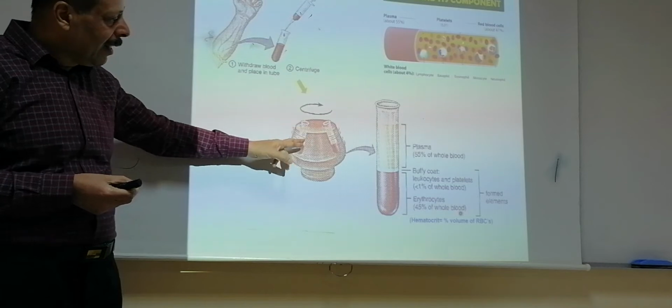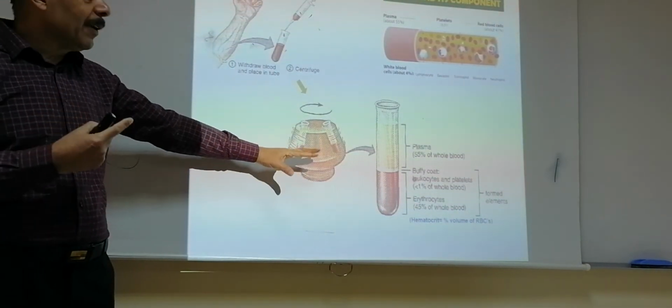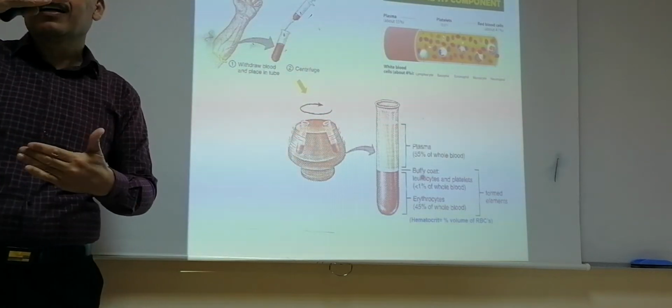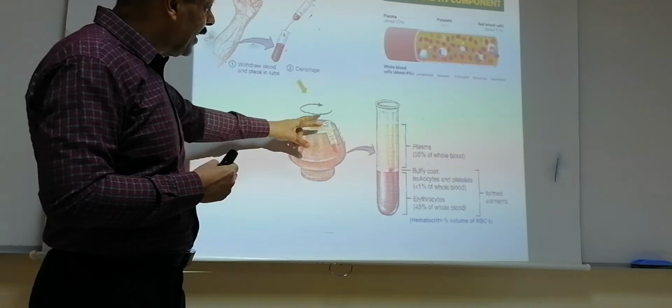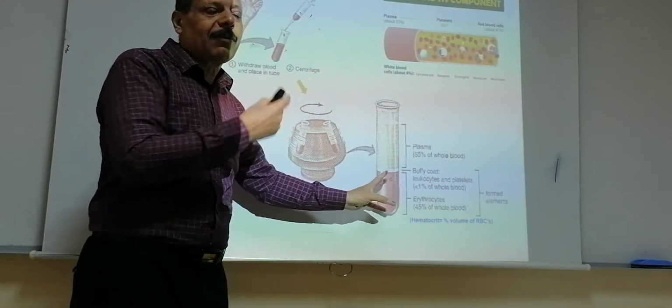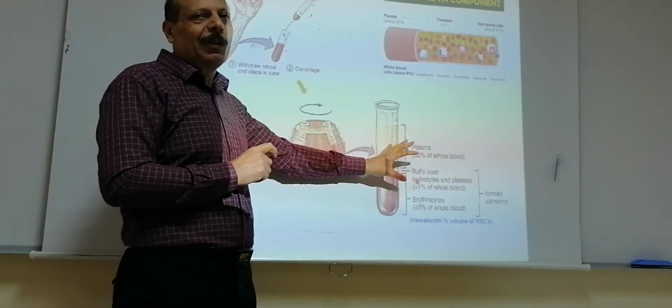They will mix it, then they will put it in a centrifuge to separate the cells from the liquid, from the plasma. I have a specimen, but I forgot it in the office, I will bring it and show it to you.